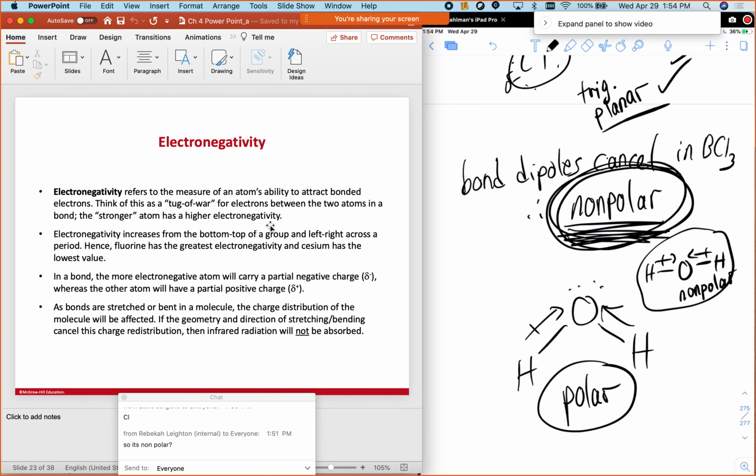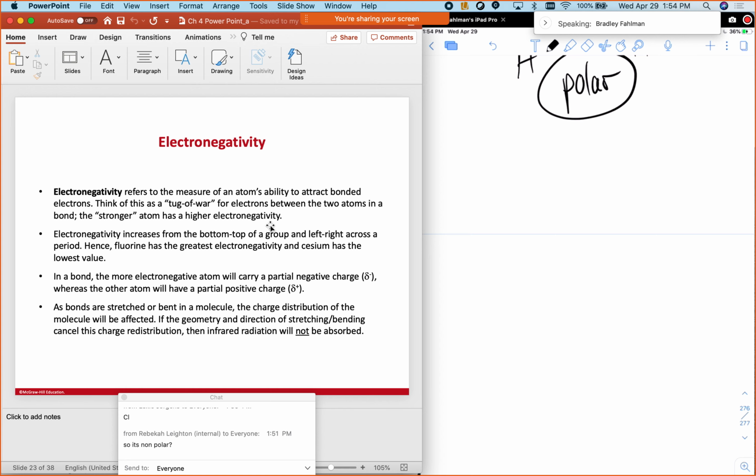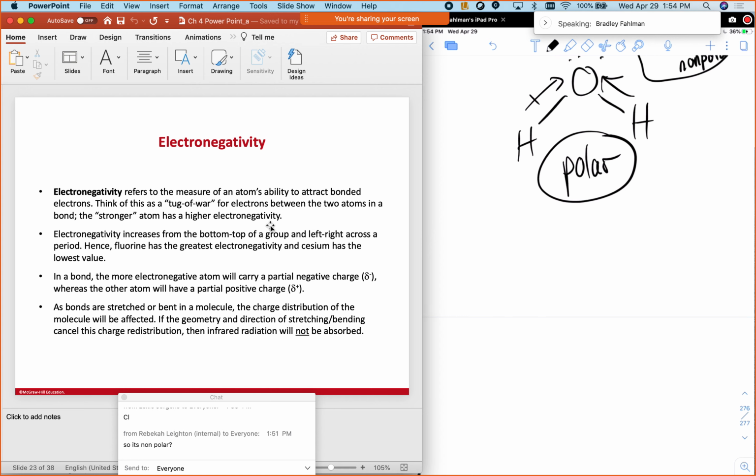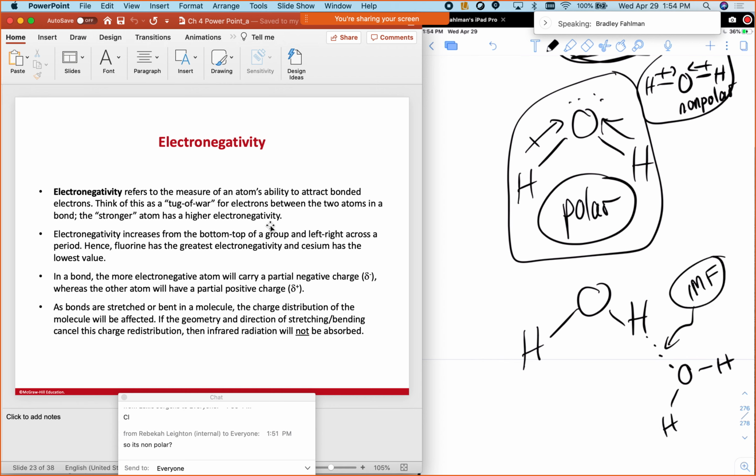All right, so between polar and nonpolar, what we did was figure out what intermolecular forces exist between these molecules. So between two waters, how are they held together? So this is an intermolecular force.